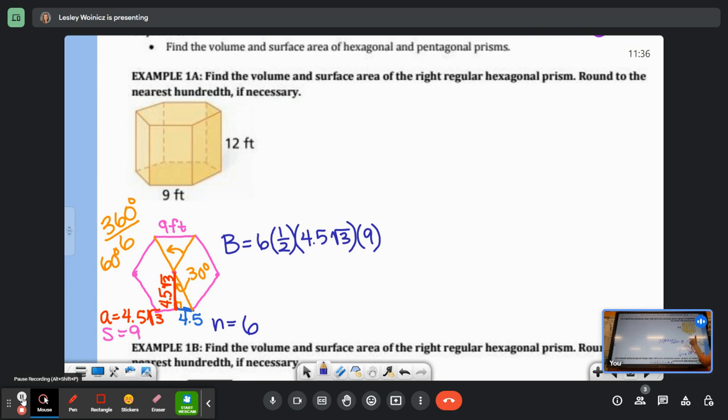So for now, let's multiply the 6, the 1/2, the 4.5, and the 9, and keep the root 3. I'm getting 121.5 root 3. Is that what you guys are getting? Okay. So my base area is 121.5 root 3.